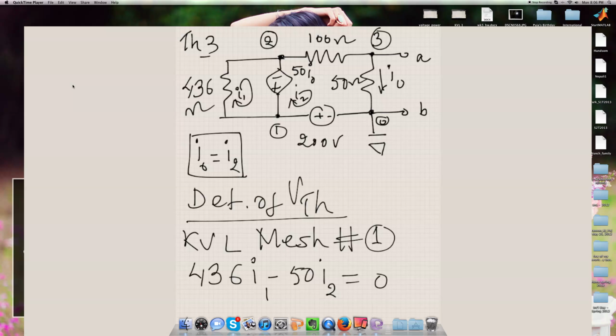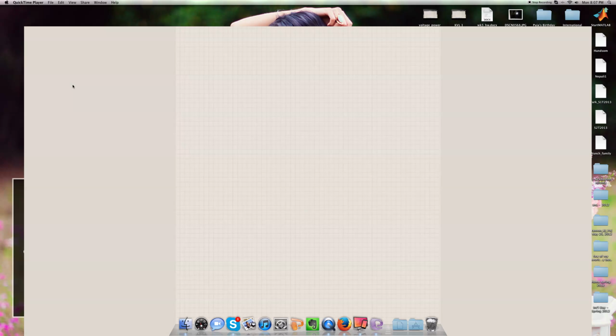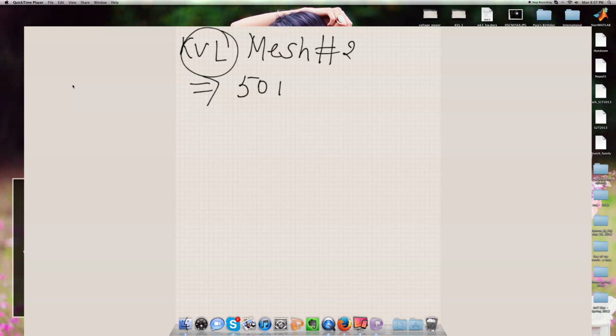All right. Now, if we look at the mesh number 2, what we see is KVL around mesh number 2 yields 50 I2.